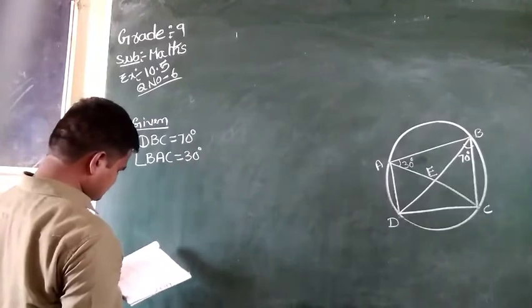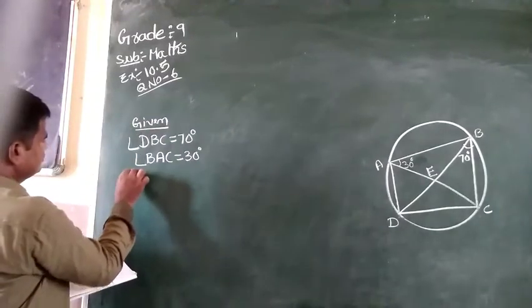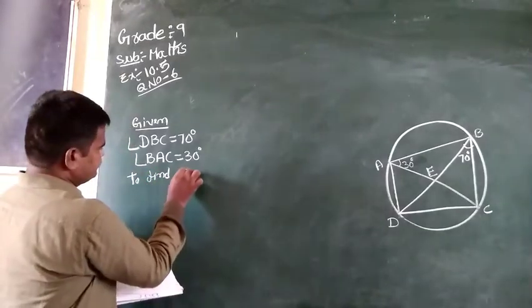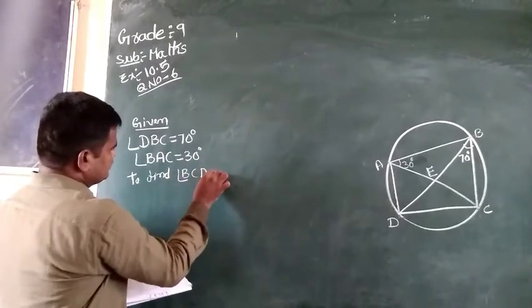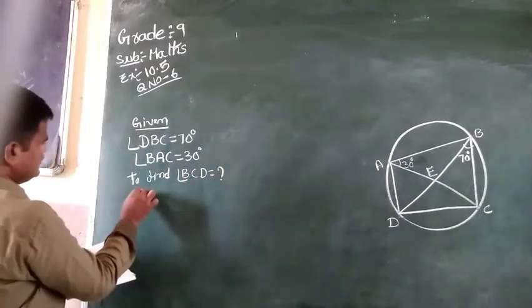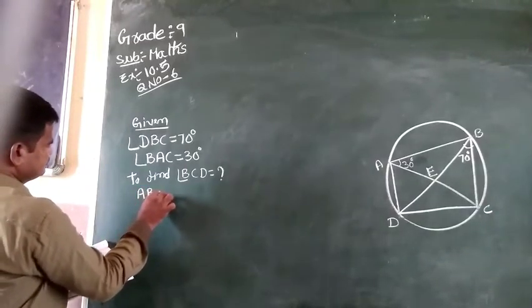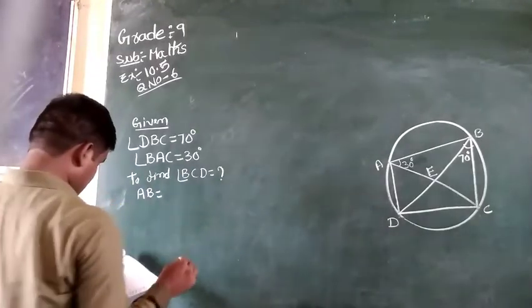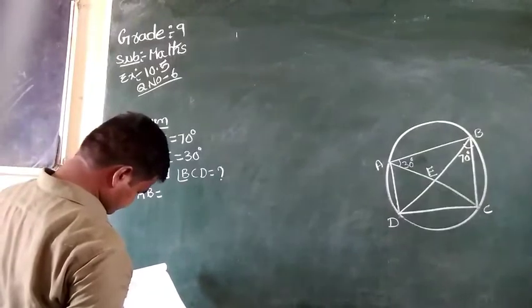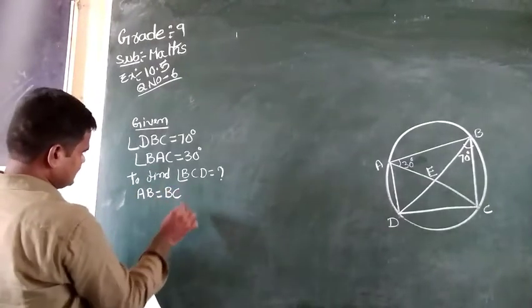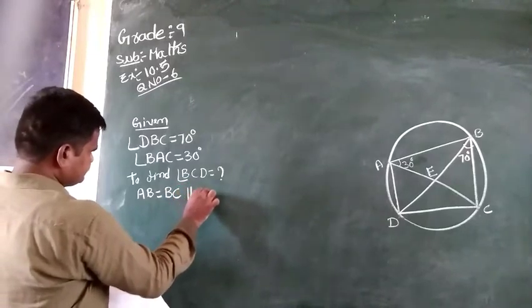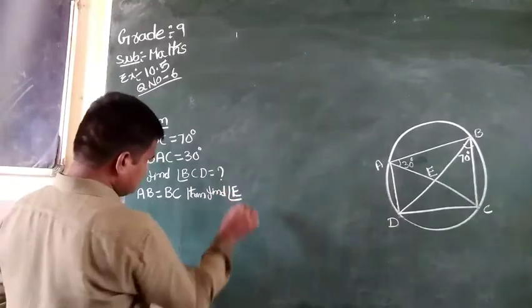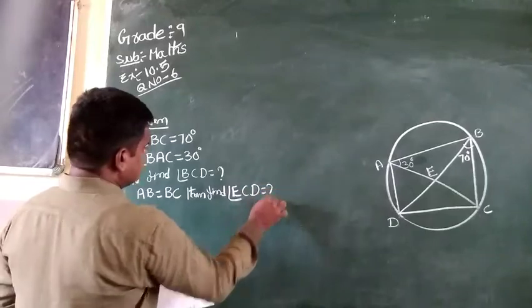So we have to find angle BCD, and also given that AB equal to BC, then find angle ECD. So this is the given information.